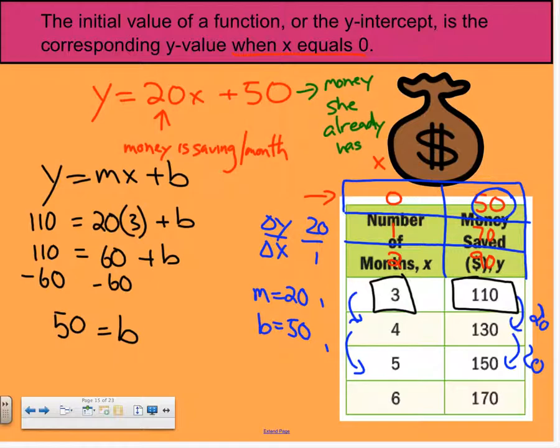Okay? So we were able to find the rate by doing the change in y over the change in x. We were able to find the y-intercept by substituting into a slope-intercept equation. And then we were able to interpret what these values were. The $20 was how much she saves every month, and the 50 is how much she already has.